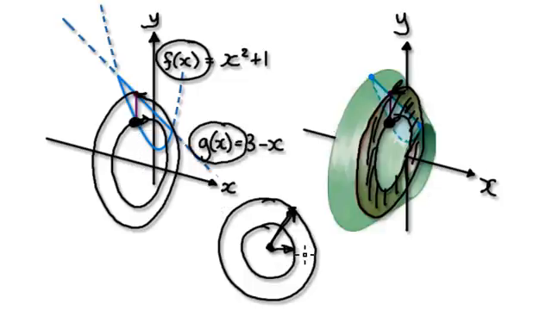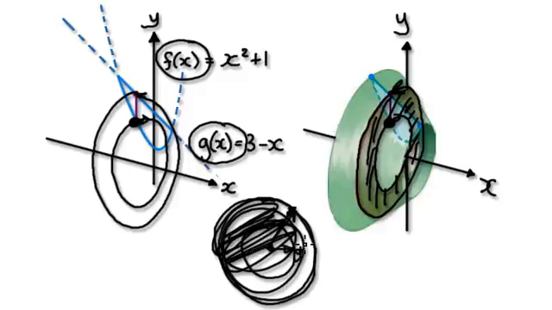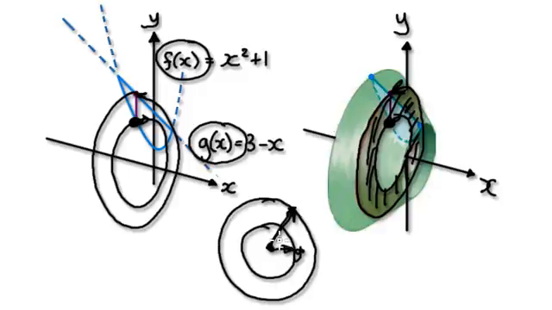So you've got to work out the area of the big circle, and then take away the area of the small circle. That will leave you with what you want, the area of this one particular washer here.